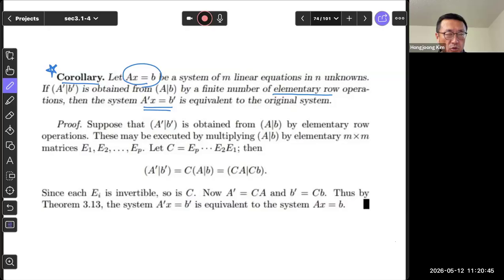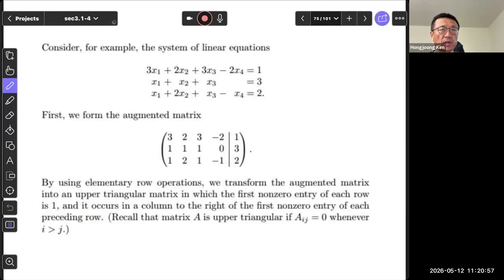The solution set is shared by all the corresponding systems. That's how we are going to solve the problem. So consider the following example. Suppose that I want to consider this problem, whose augmented matrix is this.